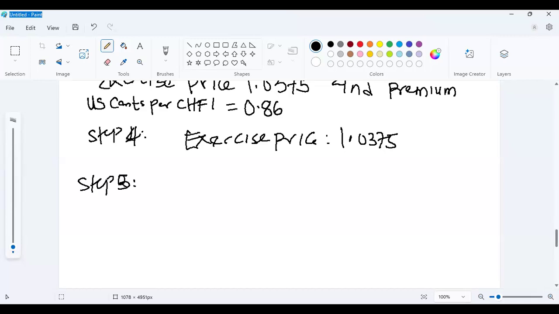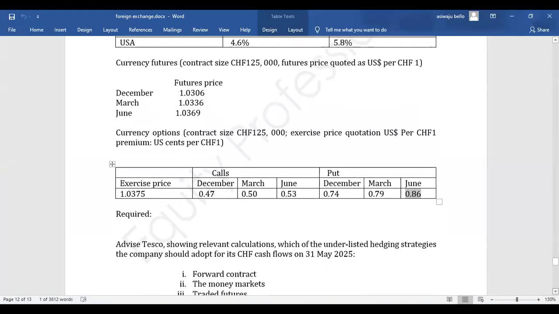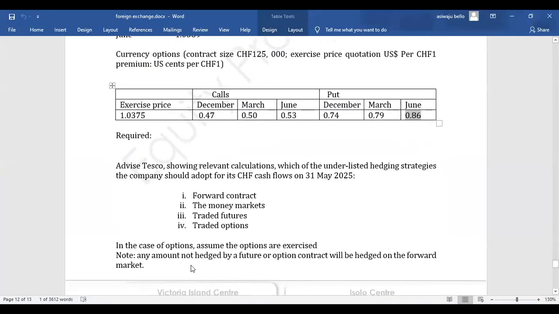But in this question, we are not given the actual spot price in 6 months' time. Examiner even says that we should assume that the option will be exercised. Look at it, please. In case of the options, assume the options are exercised.